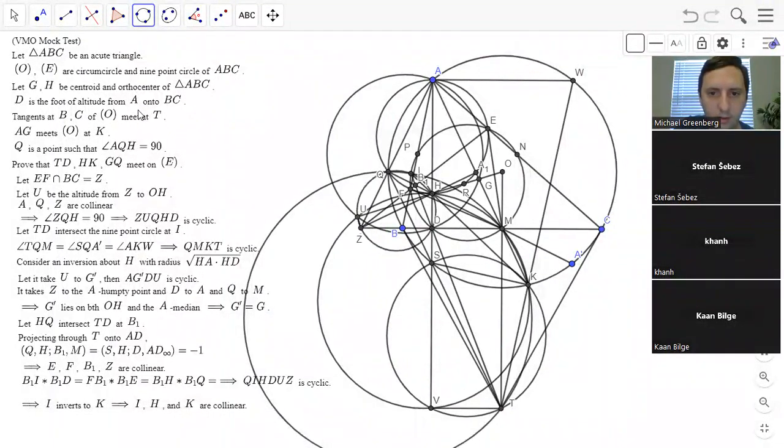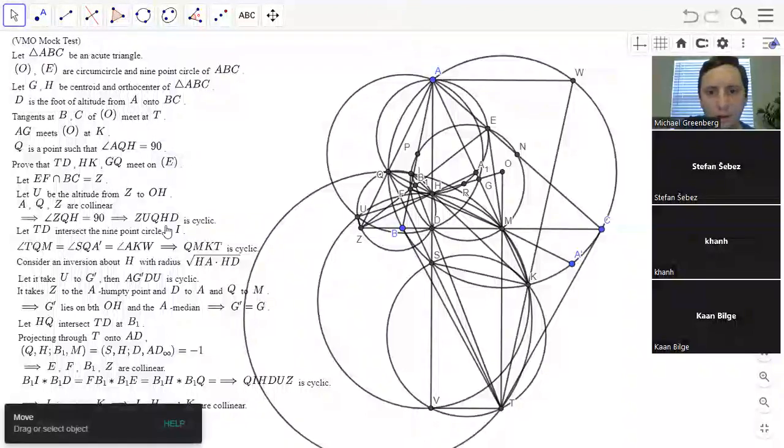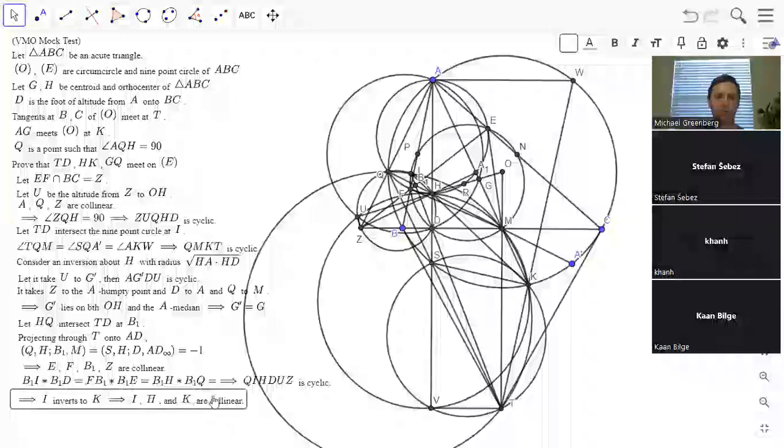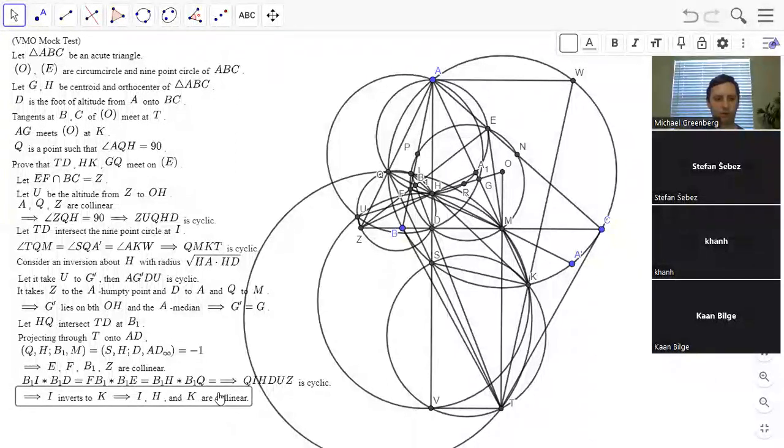Okay. And then we have I inverts to K. But first you need to write that Reim's theorem for QIMKT, just like before.